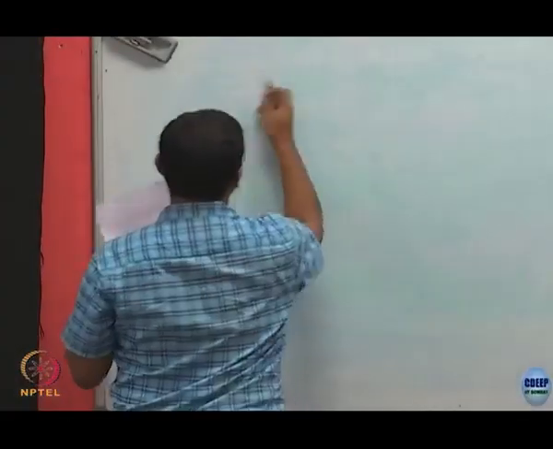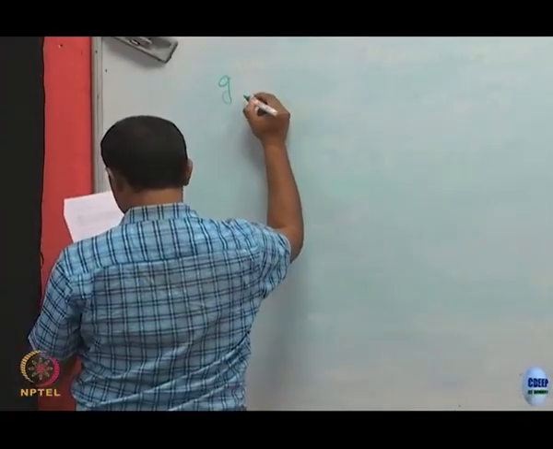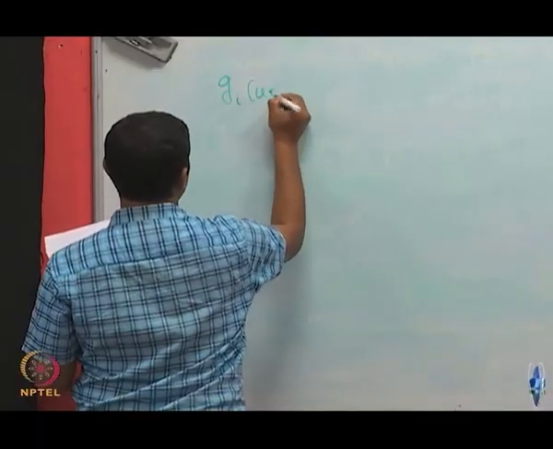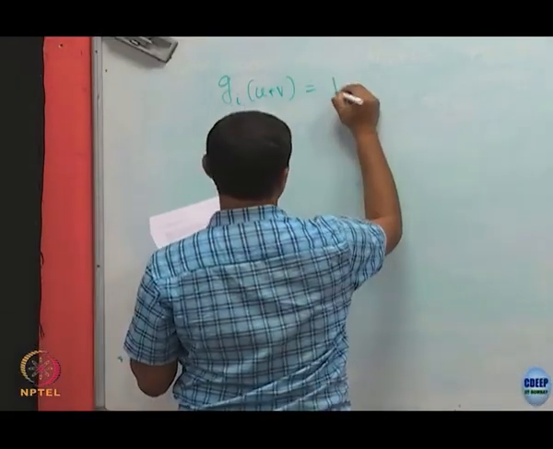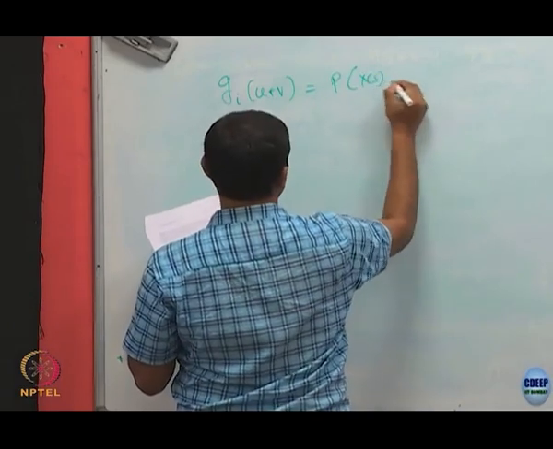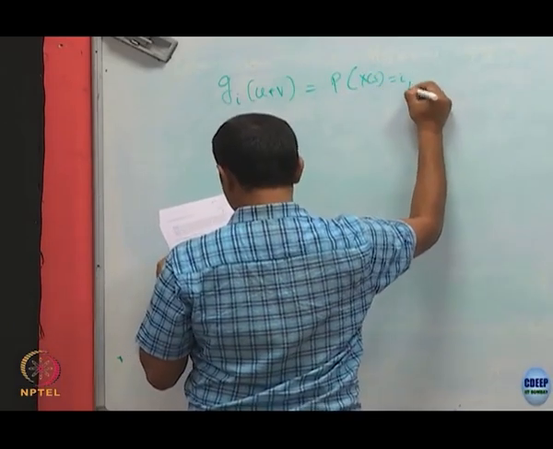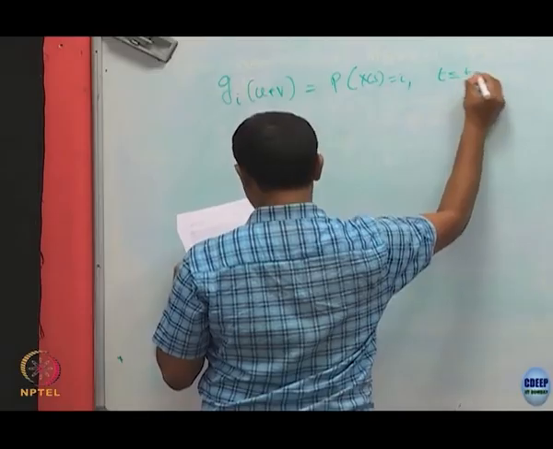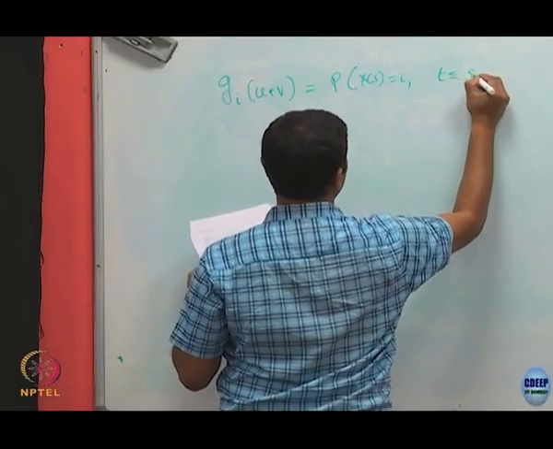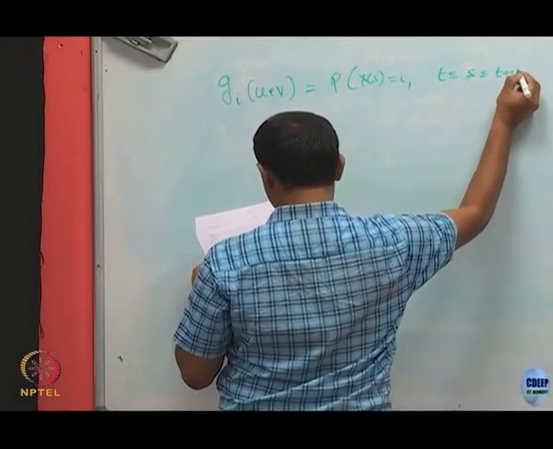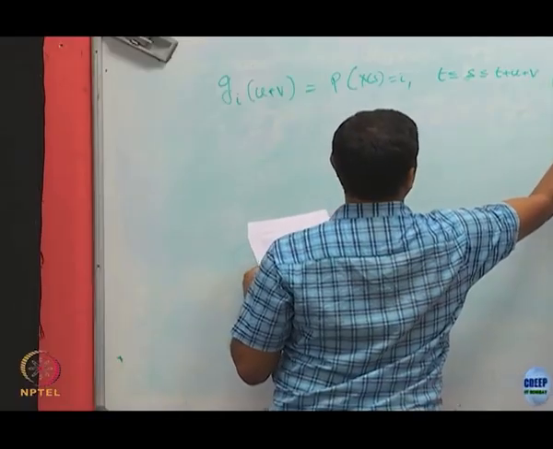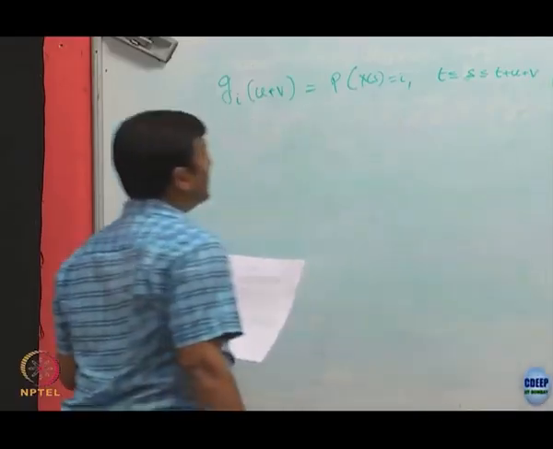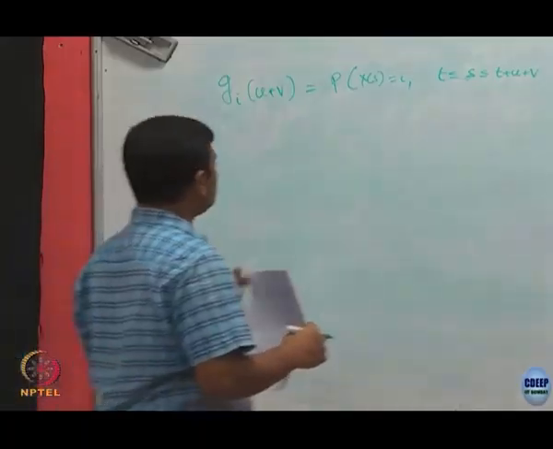Let me define these quantities here. I am interested in the probability that x of s equals i, for s in the interval t.